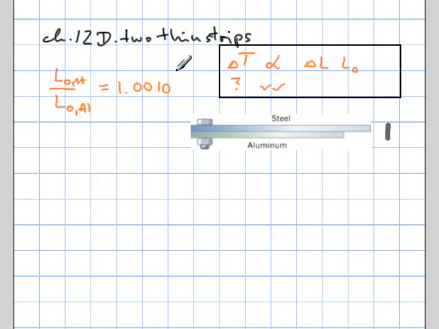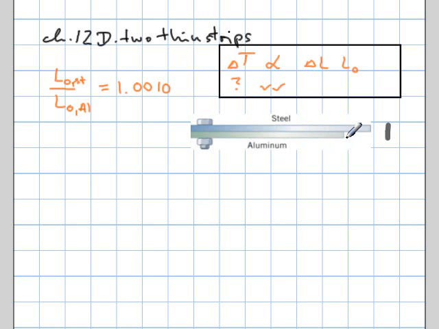I wish they would give us the original lengths. Apparently we don't need them because the outcome is going to be the same. So for example, if one strip is 10 centimeters and the other one 11 centimeters long, or if one of them is 1 meter and the other one 1.1 meter long, the outcome, which is the temperature difference here, would be the same either way, because the aluminum would expand in the same ratio no matter what the original length is.